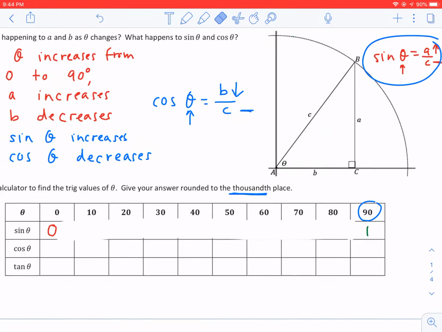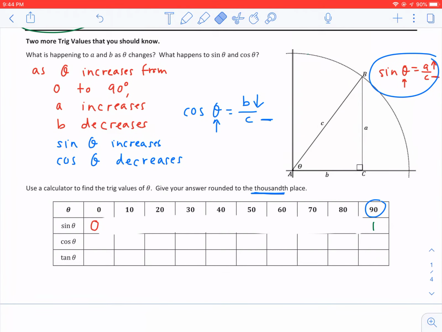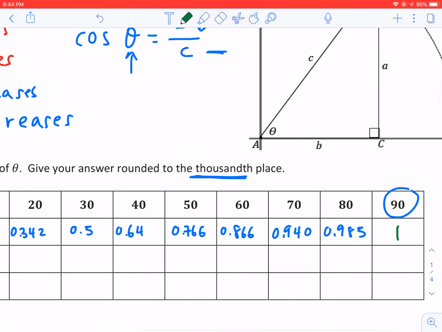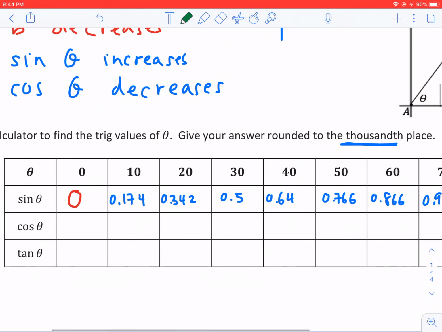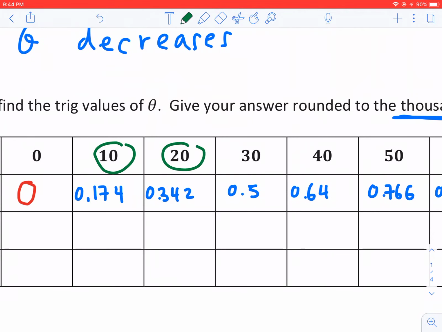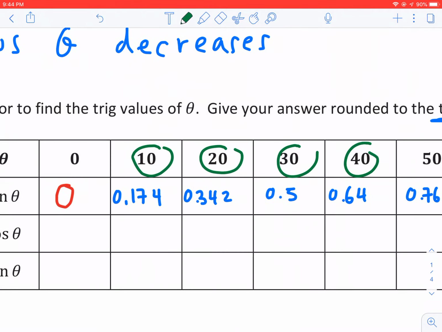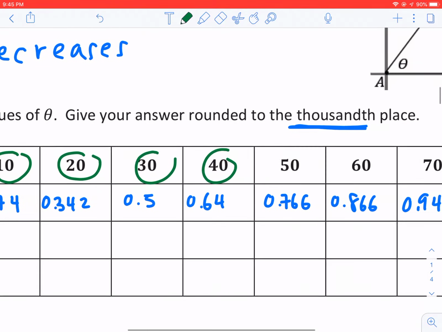All right, so take a second, type in these values, and bam, this is what you should get. This is just giving the actual numbers to what we were talking about. As our angle increases 10 to 20 to 30 to 40, do you see how the value of sine theta is increasing? It's going up and up and up.